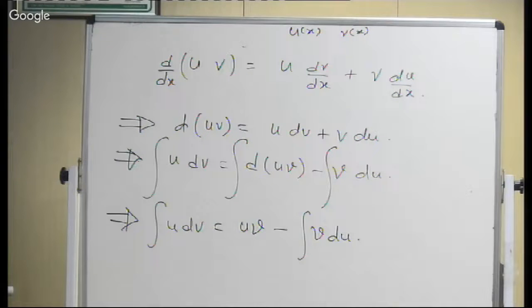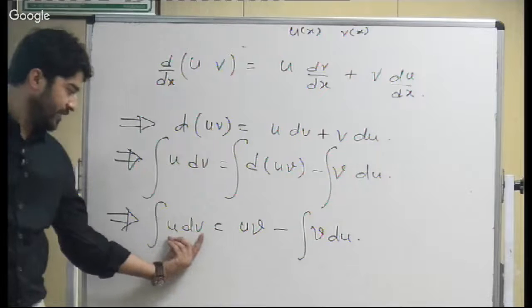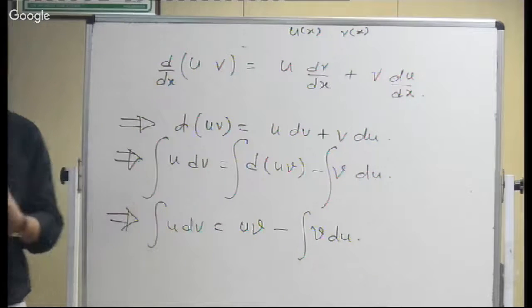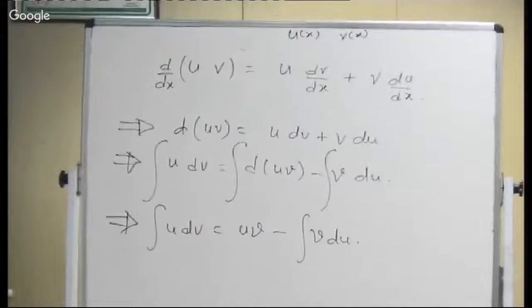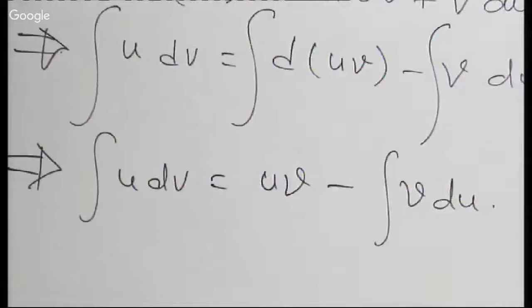So whenever we are doing integration by parts, if I have given you u dv to integrate, you have to think that u dv is difficult to integrate, but v du can be easily integrated, so I'm going to make a trade between u dv and v du.